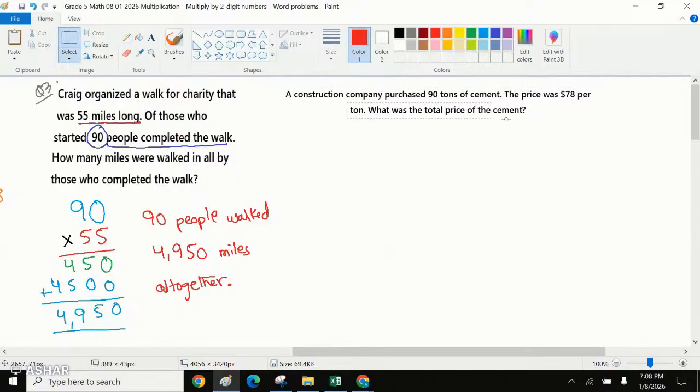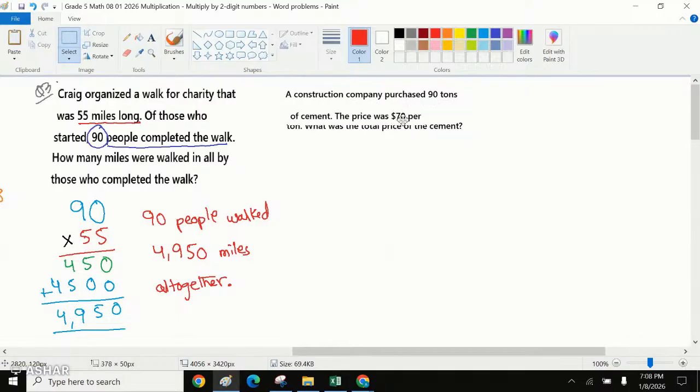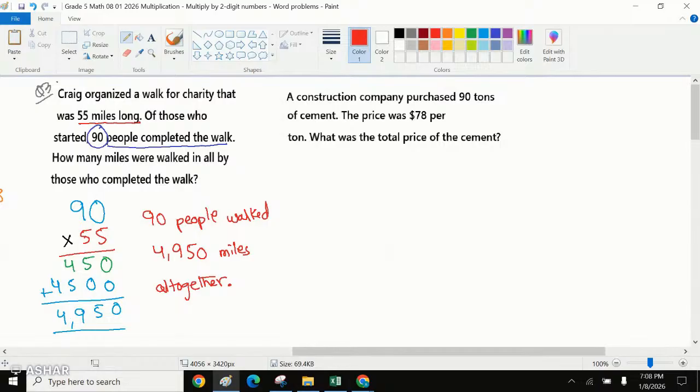A construction company purchased 90 tons of cement. This is question number 4. They bought 90 tons of cement. The price was $78 per ton. We need to find the total amount they spent on the cement.